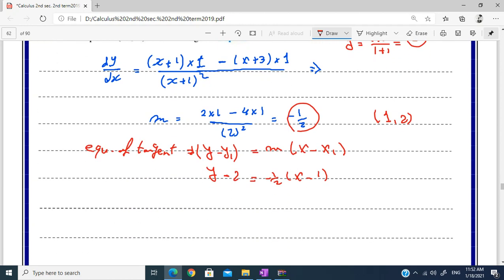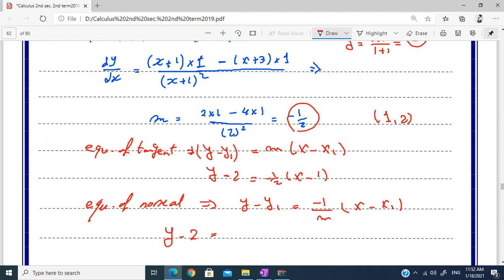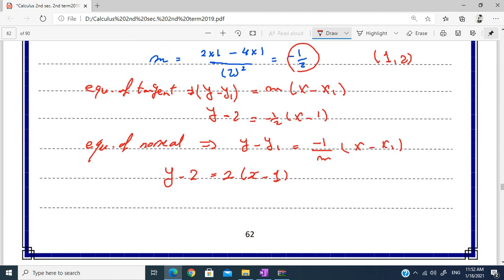The equation of the normal is y minus y1 equals negative 1/m times x minus x1. So y minus 2 equals negative 1 over negative 1/2, which is 2, times x minus 1. This is the equation of the tangent and this is the equation of the normal.